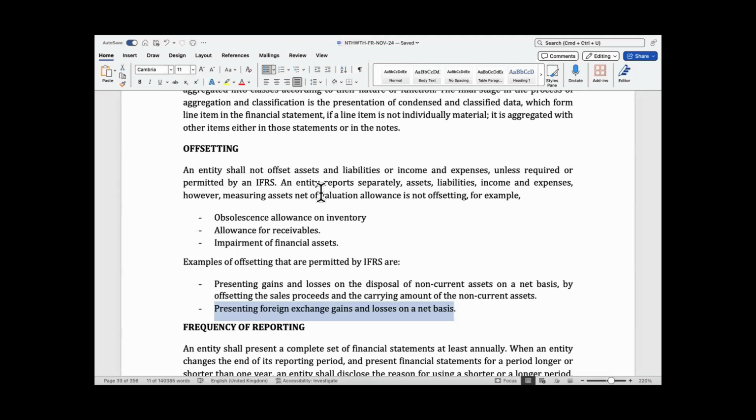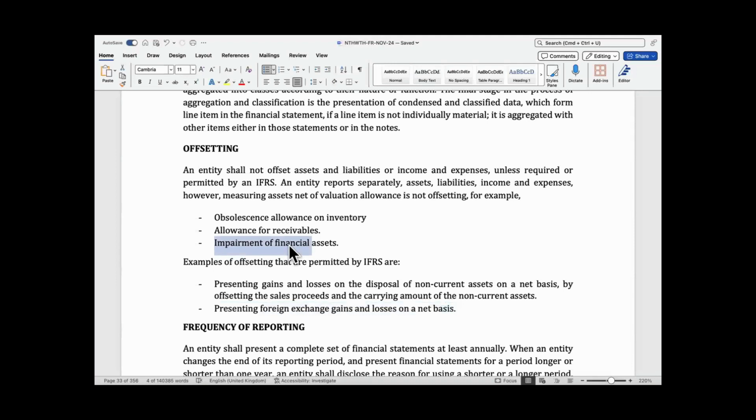But offsetting is different from measuring assets net of allowance, like carrying amount, removing damaged inventory, removing allowance for receivables from receivables, impairing assets, removing depreciation from cost. Those ones are measuring net of valuation allowance.